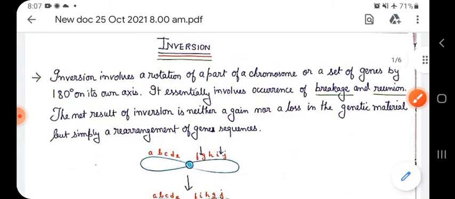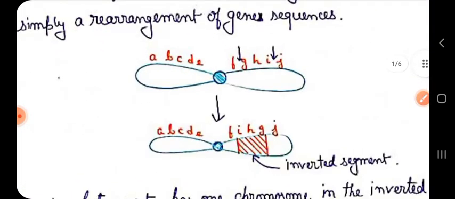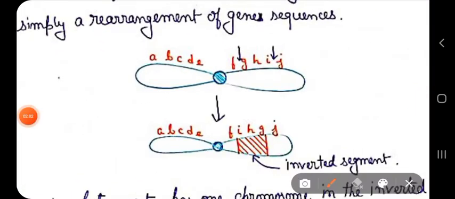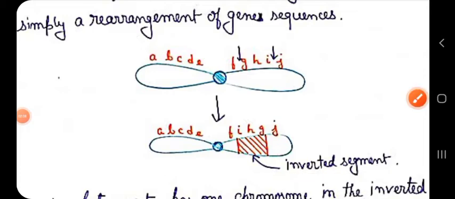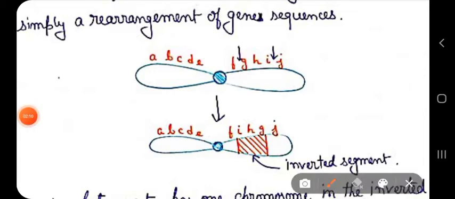So here you can see this chromosome having this configuration A, B, C, D, E, F, G, H, I, J. Now, in this chromosome segment, between F and G and between I and J, there creates a break.